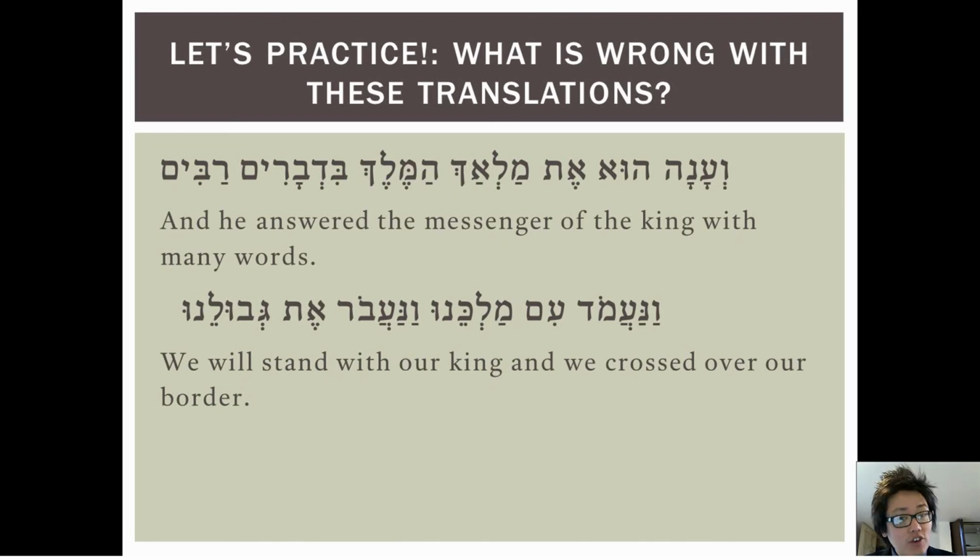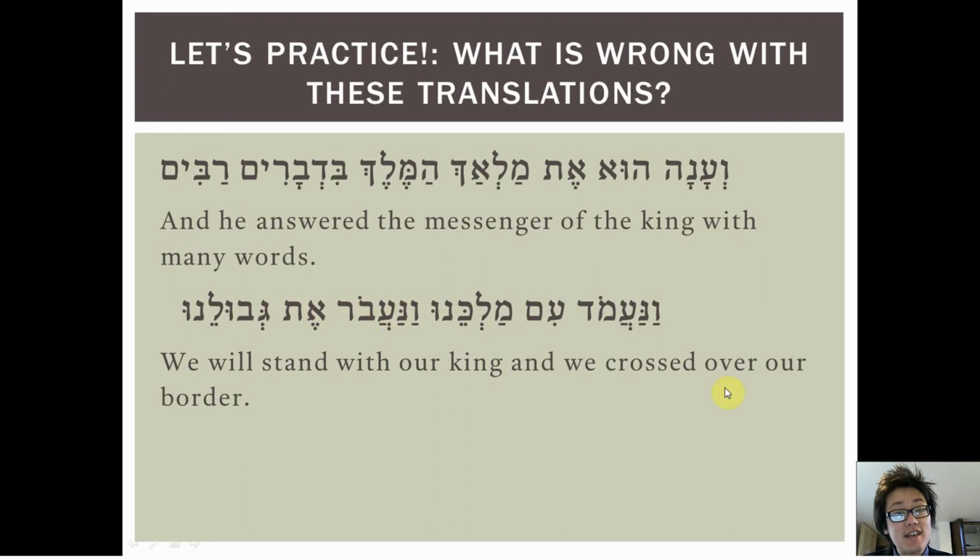But with that reversing vav, it really should not say we will stand, as this translation says, but rather we stood with. Im is the preposition with. Malkeinu, this is our king, so we have the nu as the possessive pronoun attached to melech, which changes to Malkeinu. We stood with our king, and we crossed over our border.